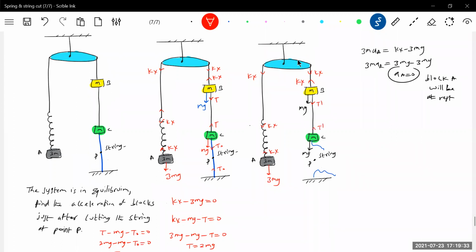Sir, is sudden change in tension possible? Yes. Sudden change in spring force is not possible. So there is one golden statement I should add somewhere here.